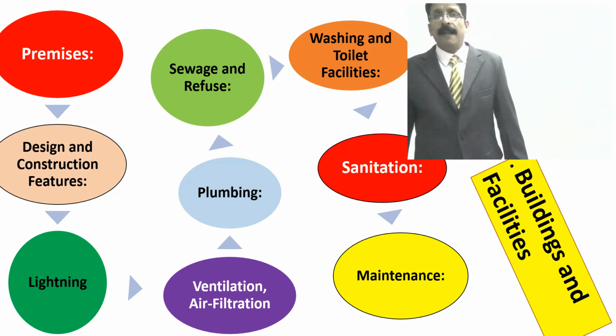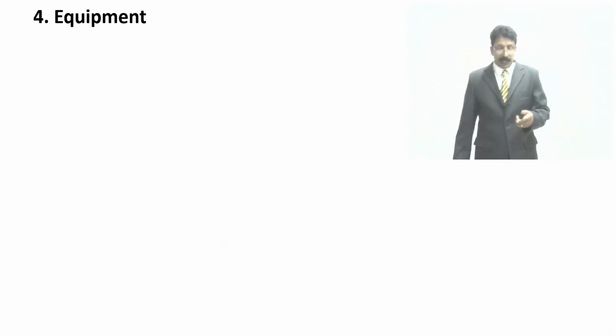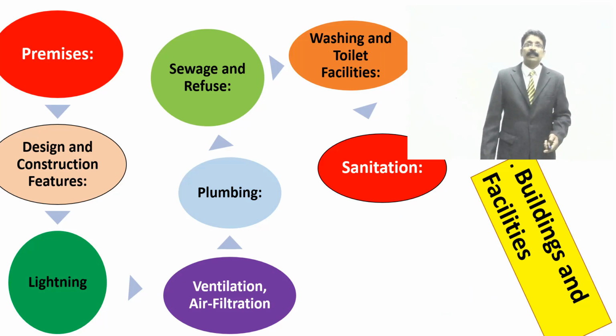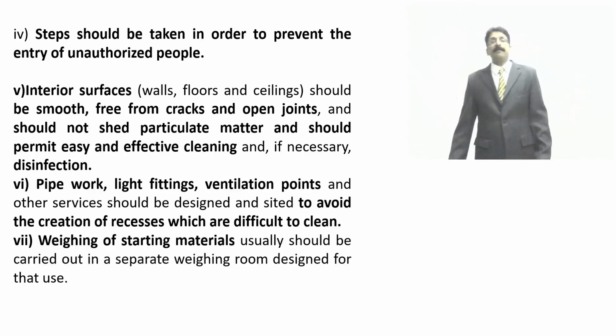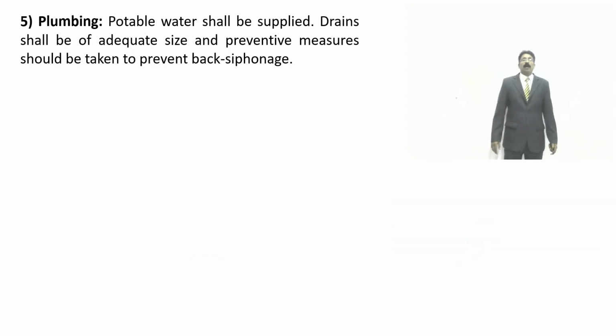And the next one, the fourth point, is equipment. Now we have come to only three points that we have discussed today in this lecture. You can see what the three points are. This is building, where we have maintenance and all these things, and plumbing comes in the design; all this comes in the building.